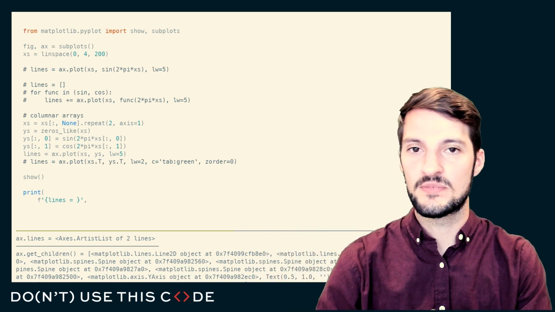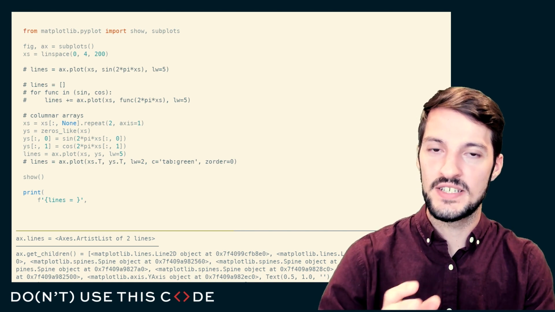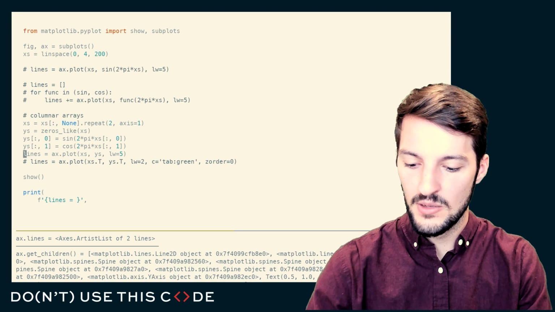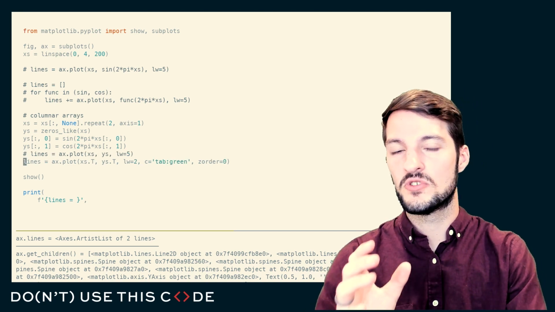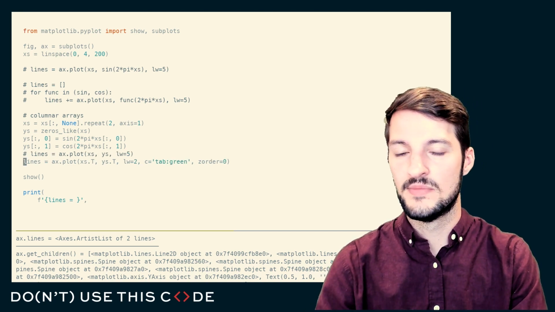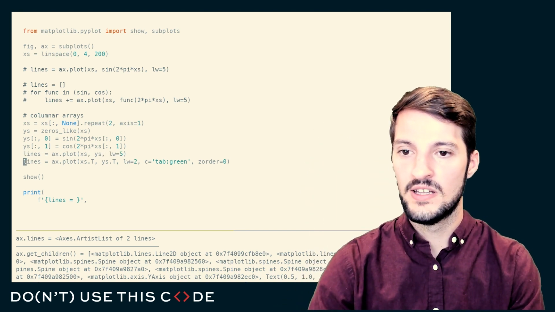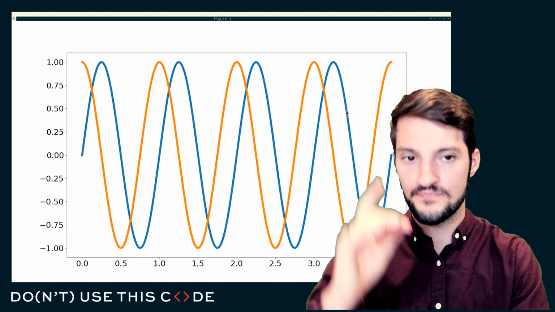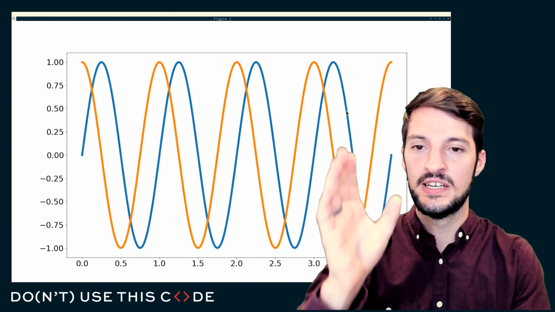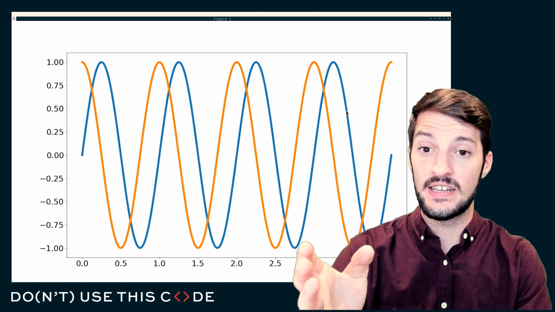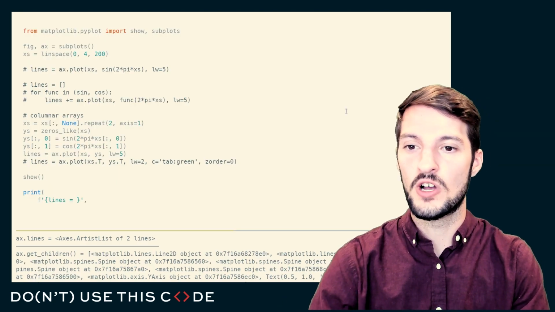And the reason I bring this up is because Matplotlib isn't just an exercise in thinking about artists and things of that nature, but it's thinking about how does our data look and how do we want to represent it. If I know that I'm using columnar arrays to draw two different waves, I can think Matplotlib is connecting each of the paired points, right, within these 2 arrays to draw something.